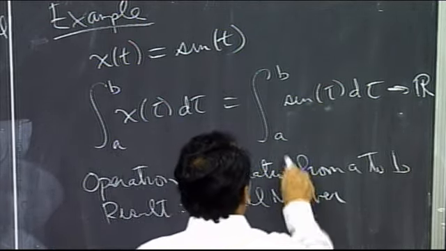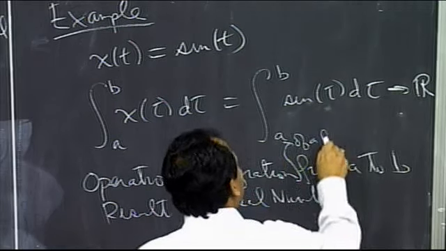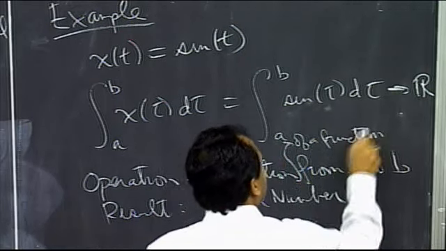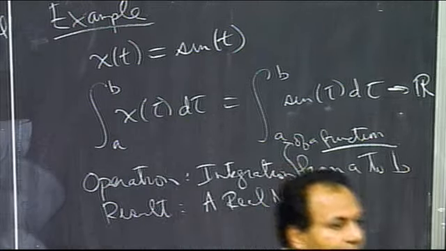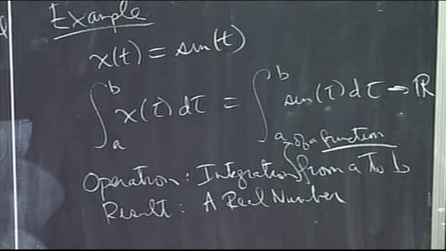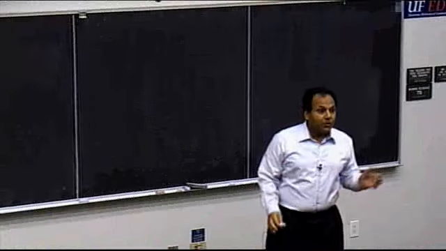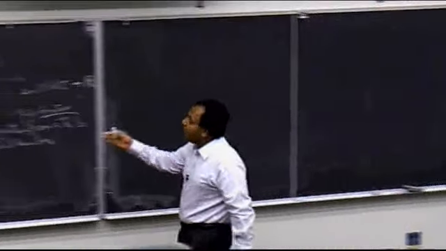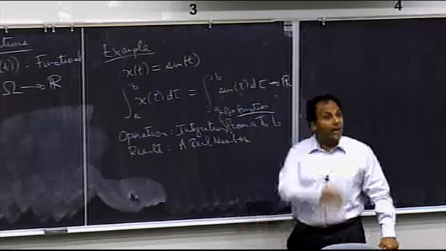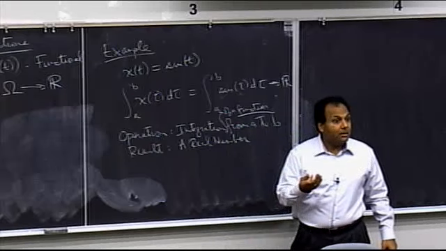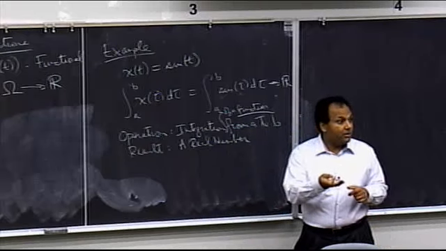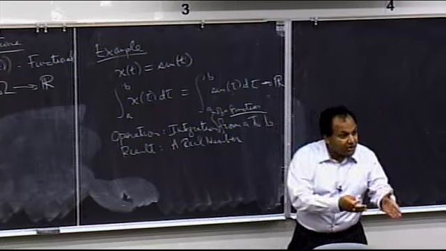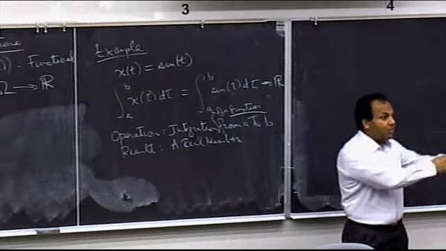It's the integration of a function from A to B. The input is not a number. The input is itself a function, right? So therefore, this cannot be a function. It's a function of a function, right? Yes, the input's a function. There's an operation that's operating on the function, giving me back a real number.